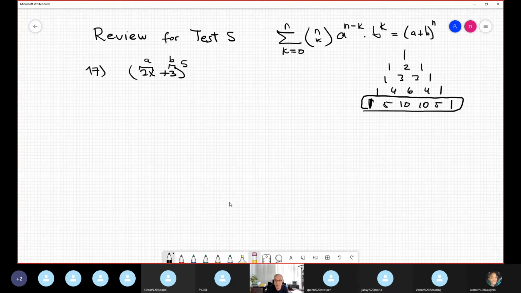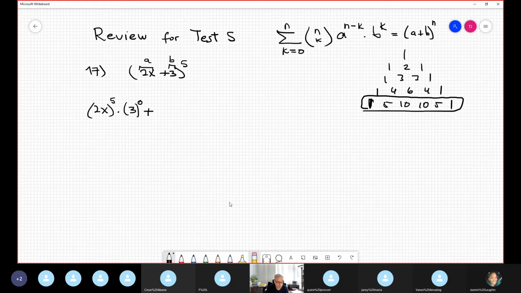And you put A to the fifth power, 2x to the fifth power, multiplied by B to the 0 power, because k is 0. So we have nothing. If you want to put it like that, okay, at least the first example is clearer.